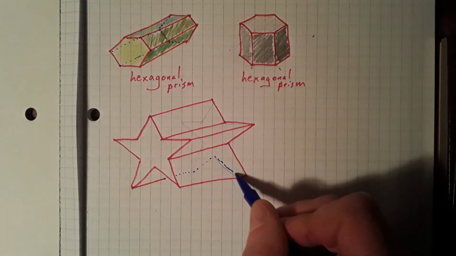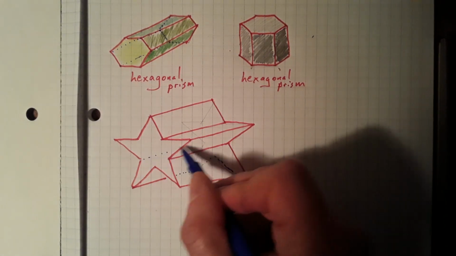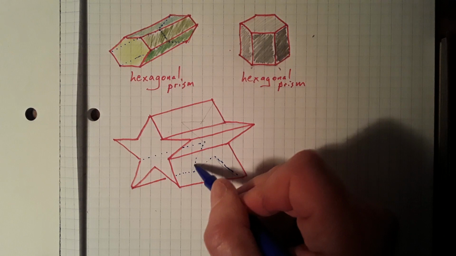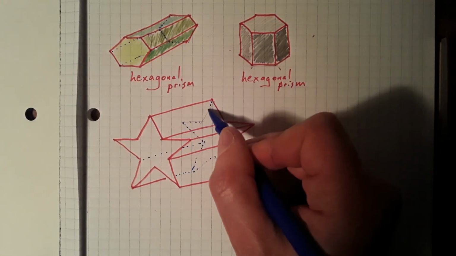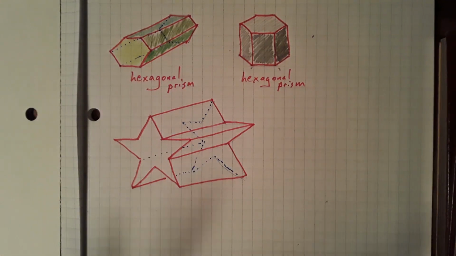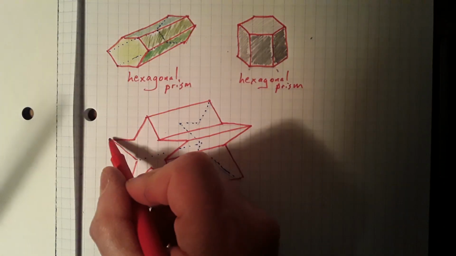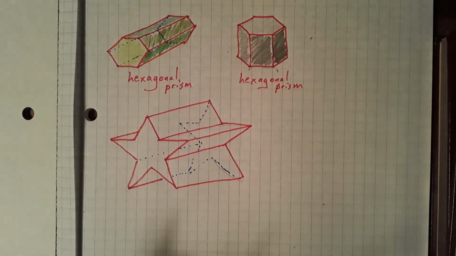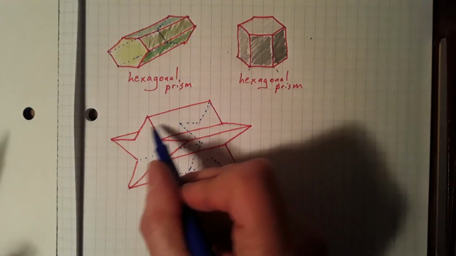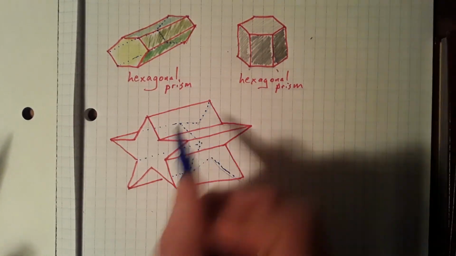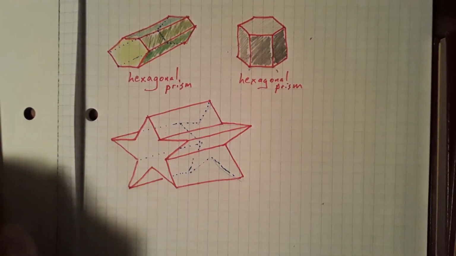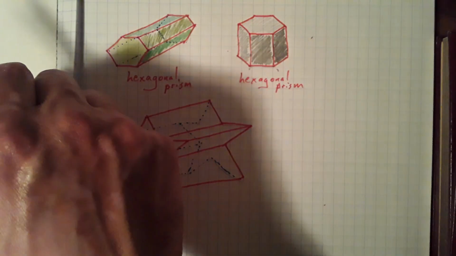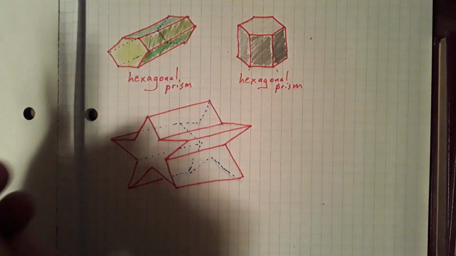So this is a star-shaped prism. Ooh, we might get a little bit. See that? Now, let me try to color it in quickly. Well, since it's a star, we should probably do it more star colored. We don't have a good orange there.